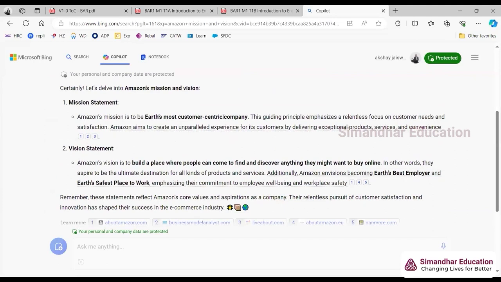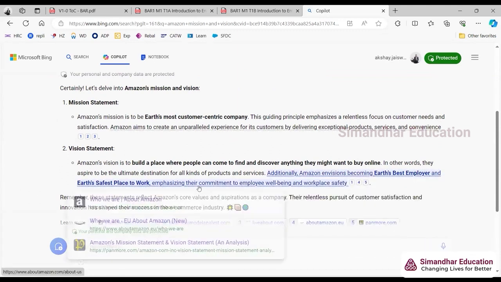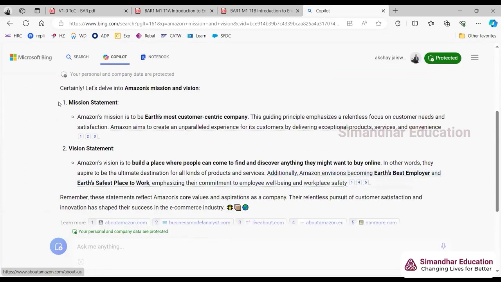So Amazon's mission is Earth's most customer centric company, but the vision is to build a place where people can come and find and discover anything they might want to buy online, and additionally it wants to become Earth's best employer, the safest place to work, etc. So which one is lengthier, M or V? You got it, guys, right? It is the vision statement that will be lengthier, because the mission statement is simply why the organization exists.